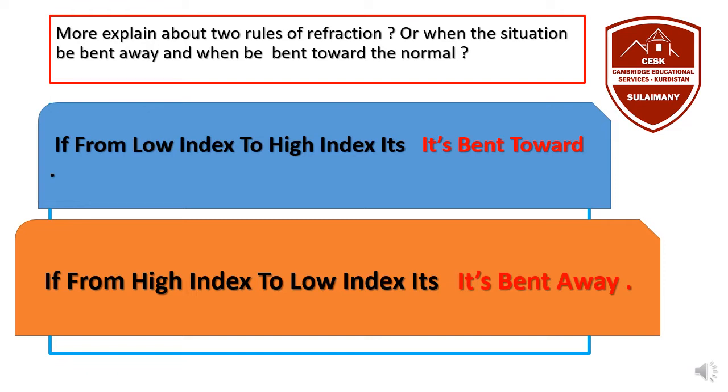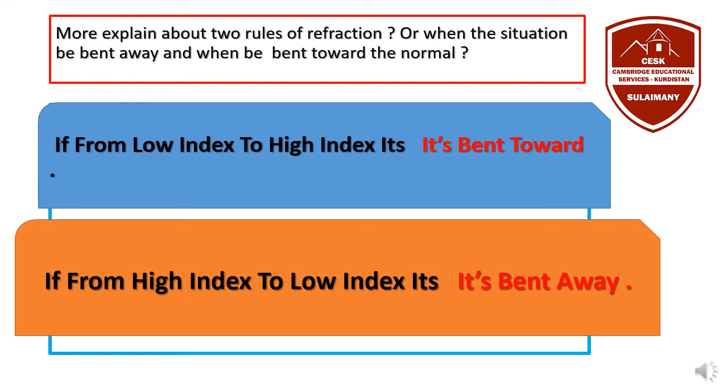If the incident ray comes from low index, that means n1 is smaller than n2.